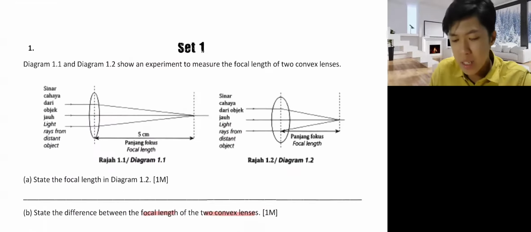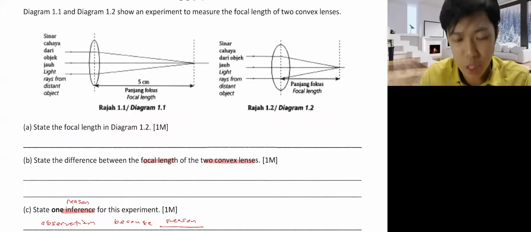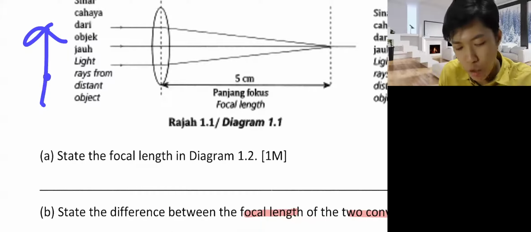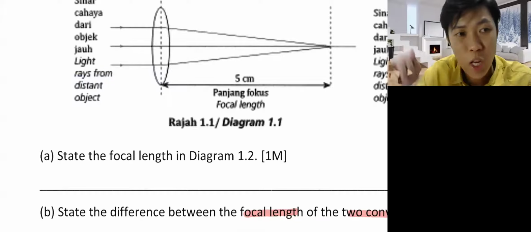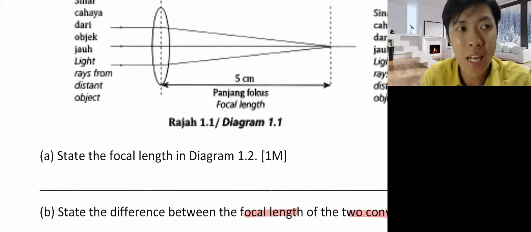Constant variable, things that must be fixed. There must be an object here, right? So the distance from the object all the way to the lens must be the same, no matter thick or thin.